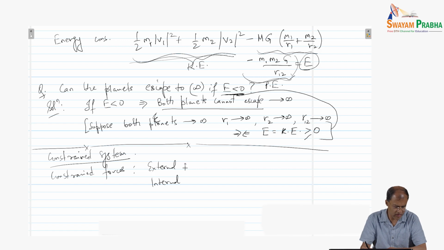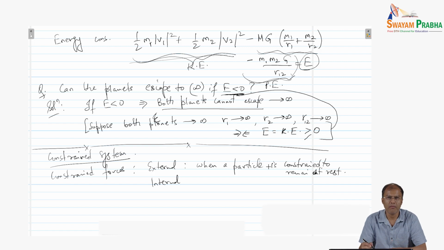So external constraint: when a particle is constrained to remain at rest, for example, by some external setup, we will look at this example.